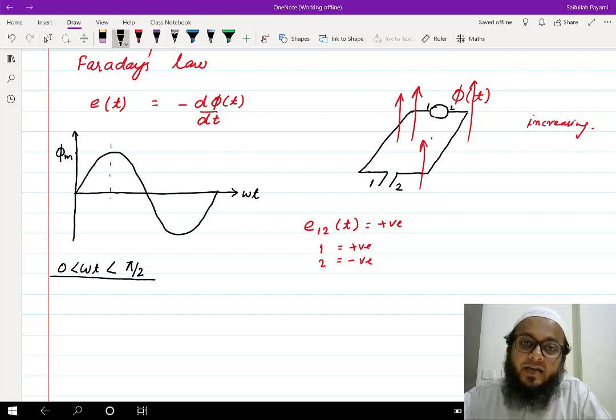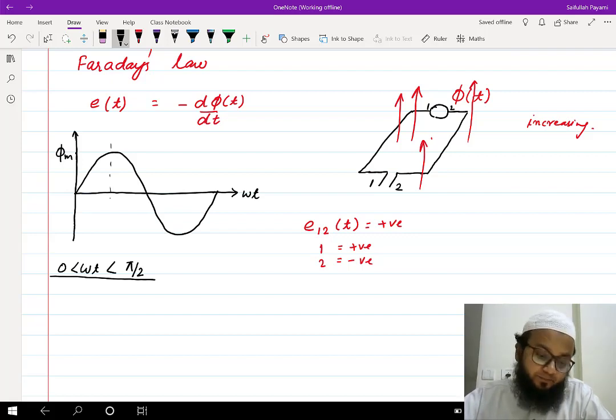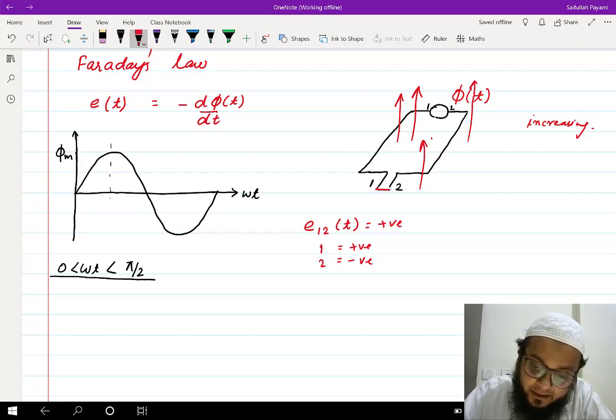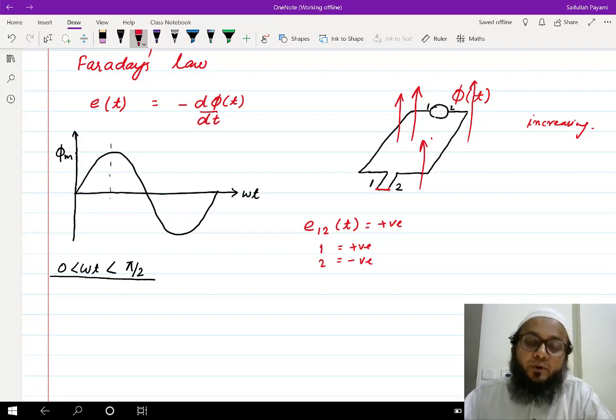So this induced EMF should be in such a way that it should counter the increase of the flux. Or, if I short this terminal, the current produced should be in such a way that it should decrease the flux.